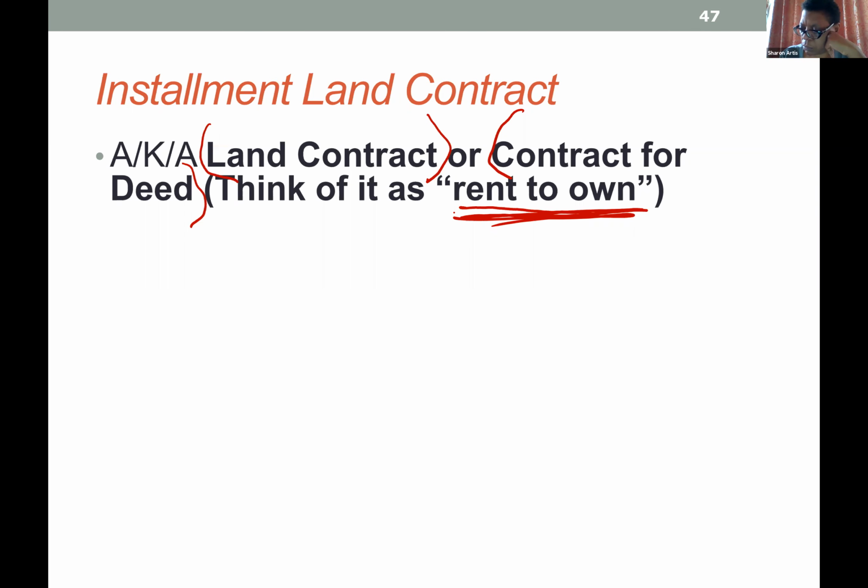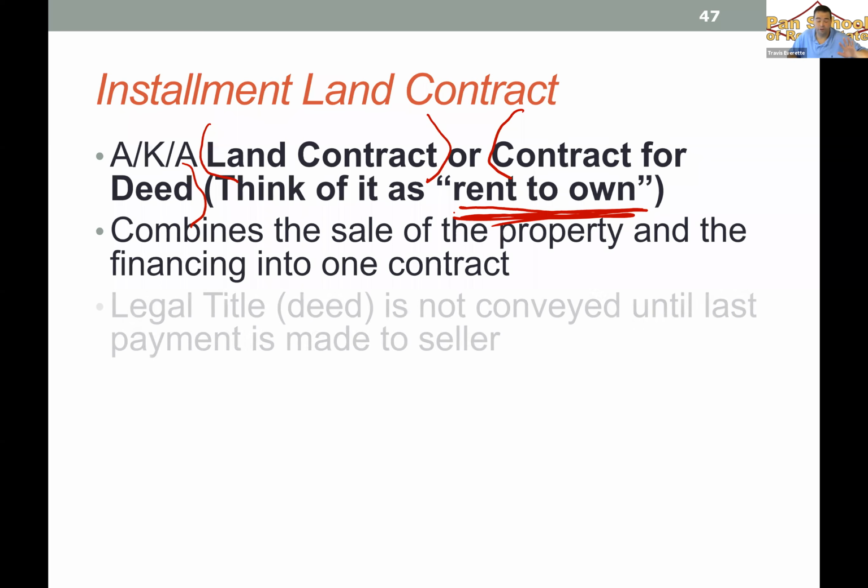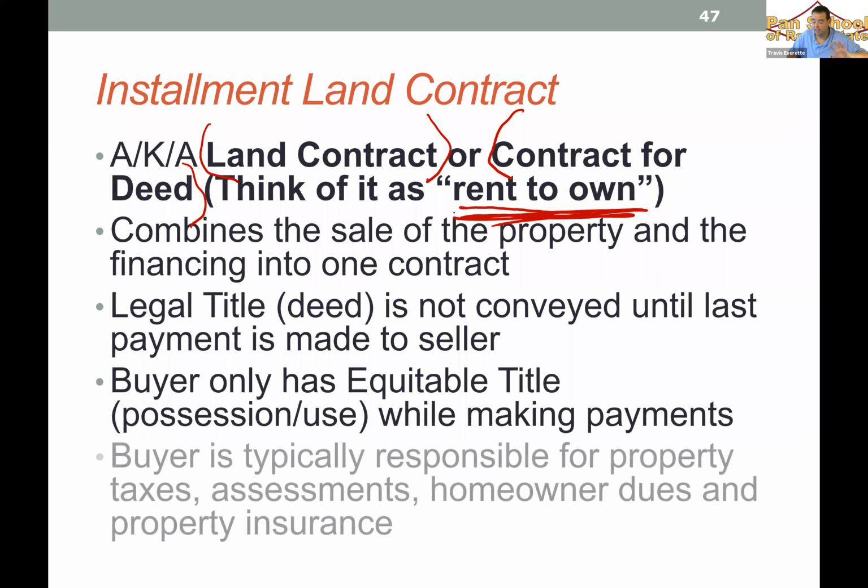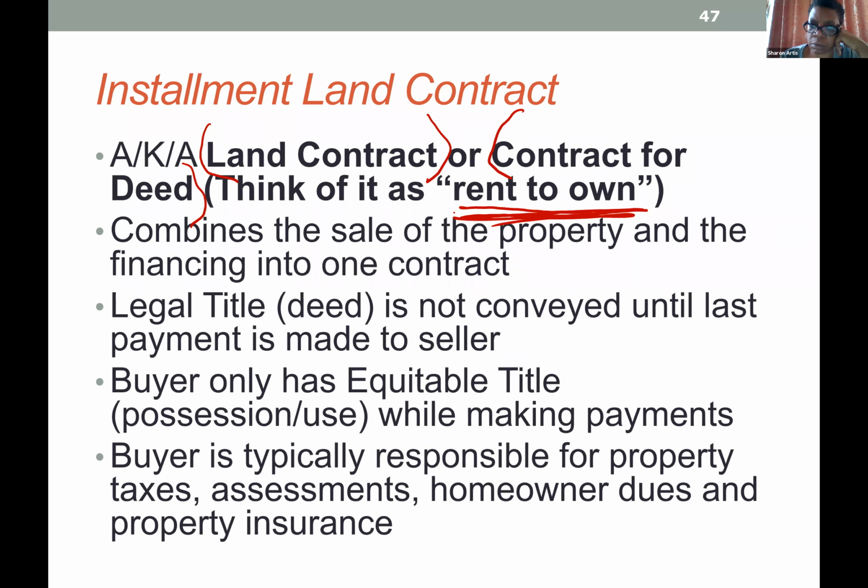Here's why that's so weird from the buyer's perspective. Normally, even though buyers are making payments, who are they normally making payments to? A lender, right? Usually, don't we give the seller all of their money at closing? Yes.